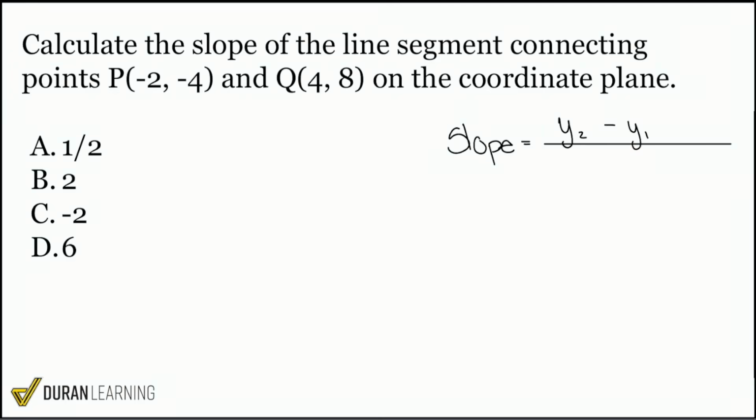And then the run is going to be the difference of the x's. x2 minus x1. Now, you could literally just write subtract the y's, subtract the x's. You could literally say that. That's totally fine. But again, just be consistent. If you put this y first, then this x has to be first.